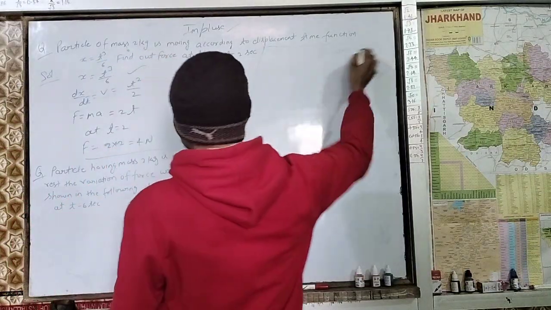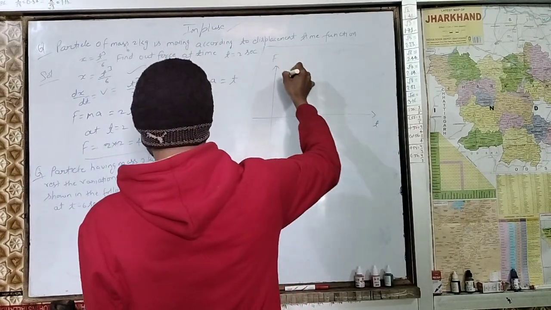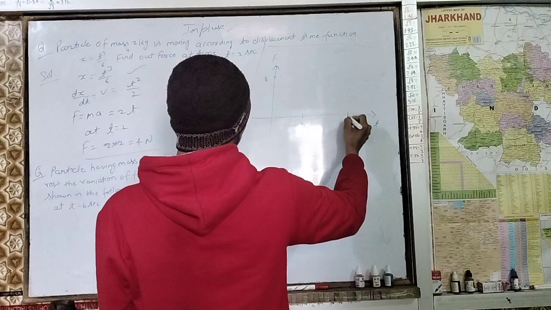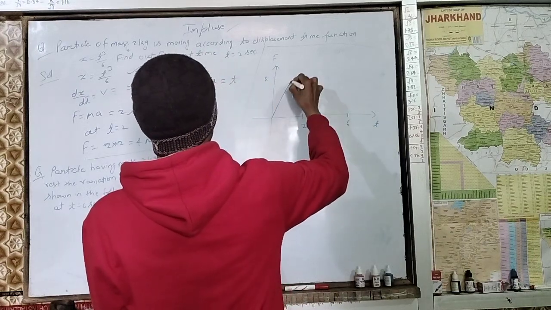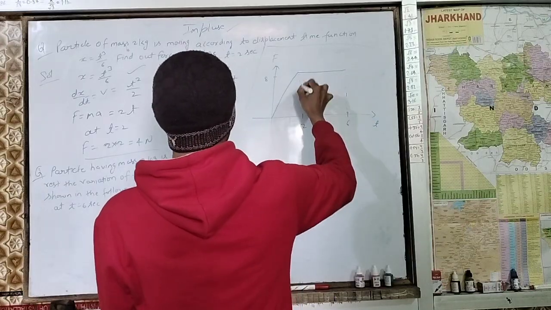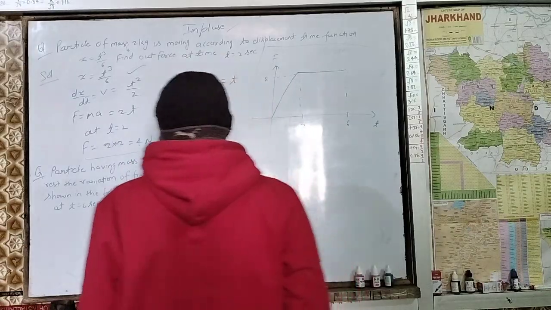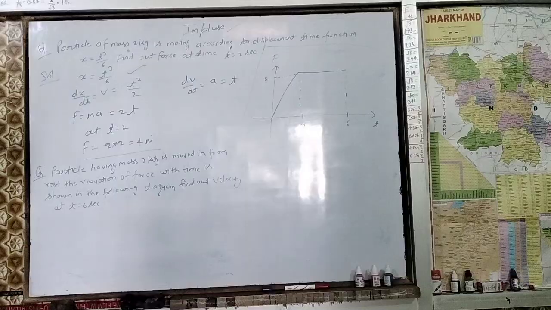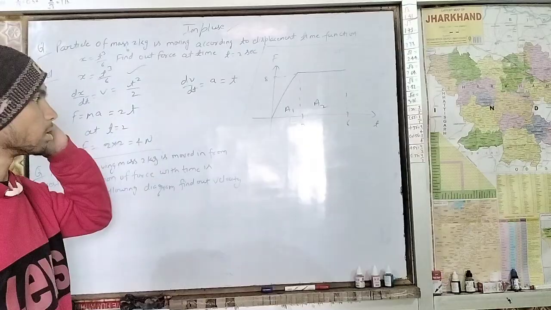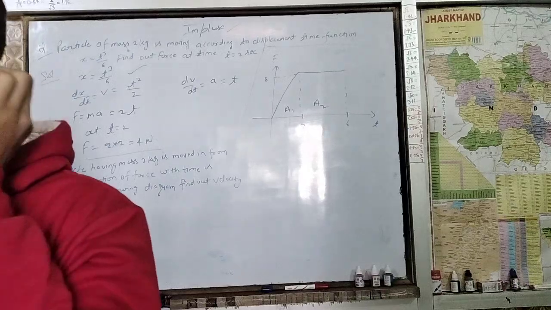We have the figure of F versus t, from 2 to 6. This area, A1 and A2, will give us the total change in momentum, A1 plus A2.